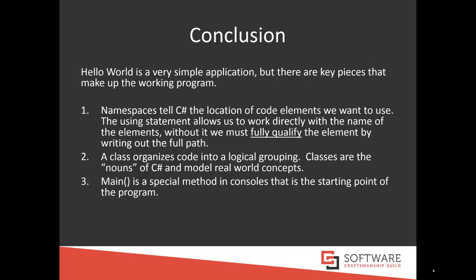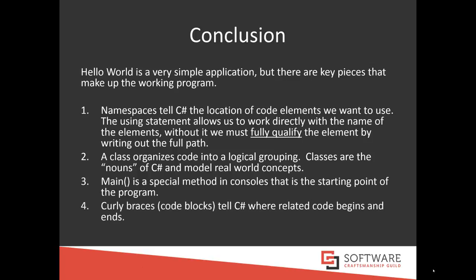Anything in the main method is going to run first. Curly braces set up code blocks, and those tell C# where related code begins and ends. A common mistake for people just starting out with C# is to open a code block and forget to close it. The second most common mistake is to forget to put a semicolon at the end of your statements.